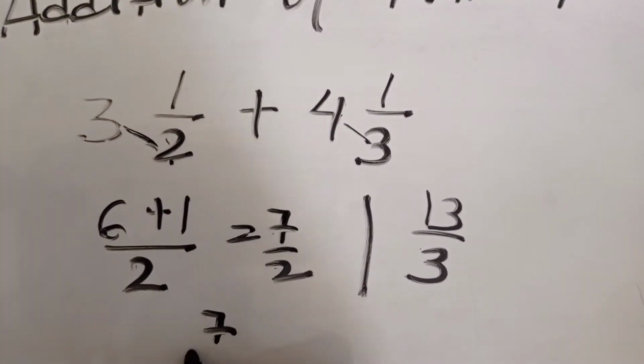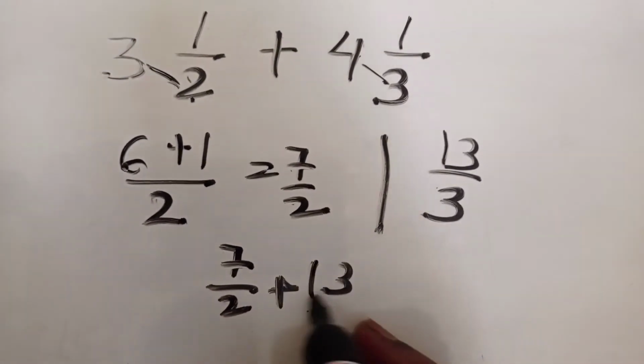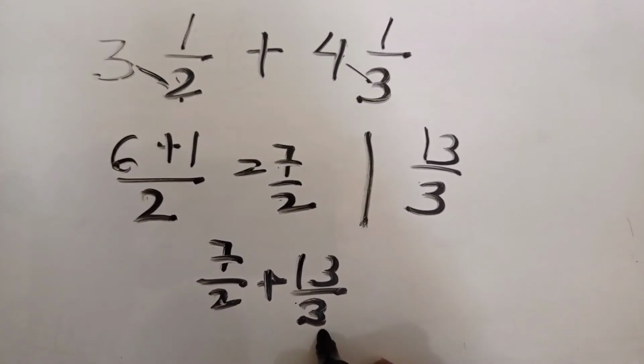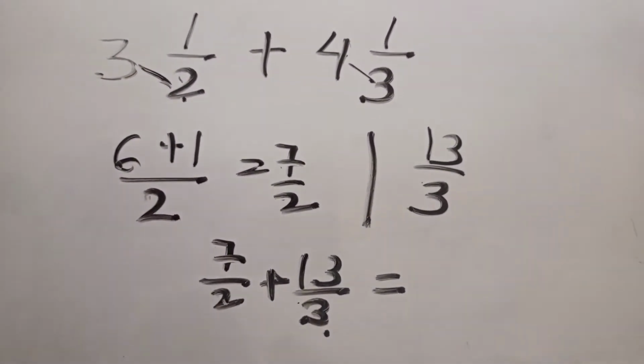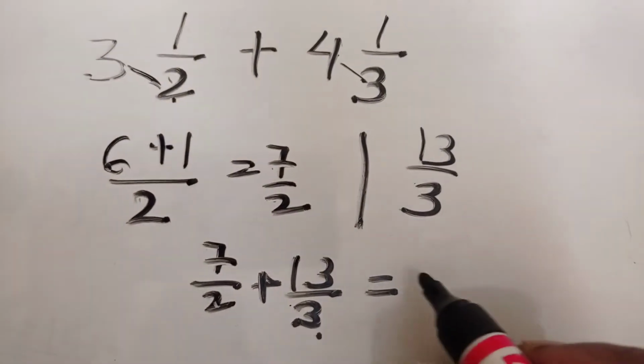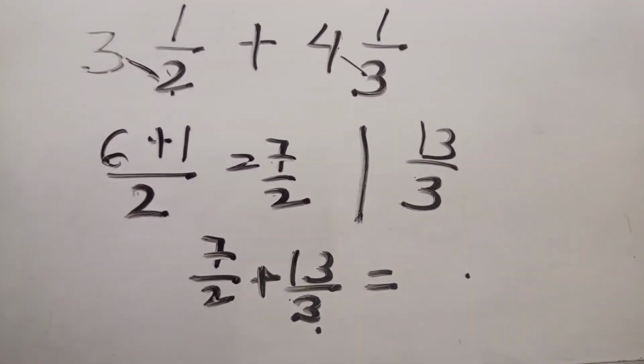So 7/2 plus 13/3. Make the denominator the same as we did in the previous question, and add.